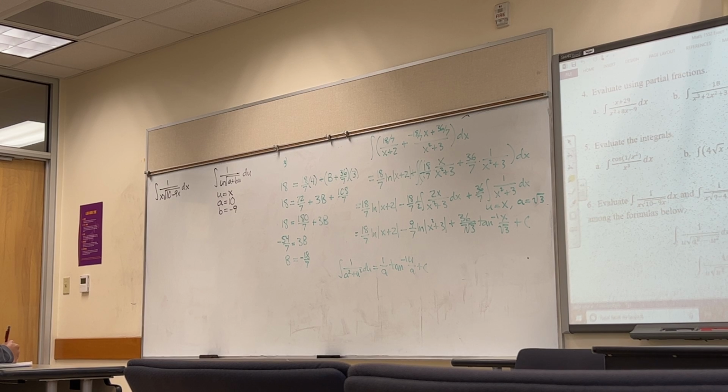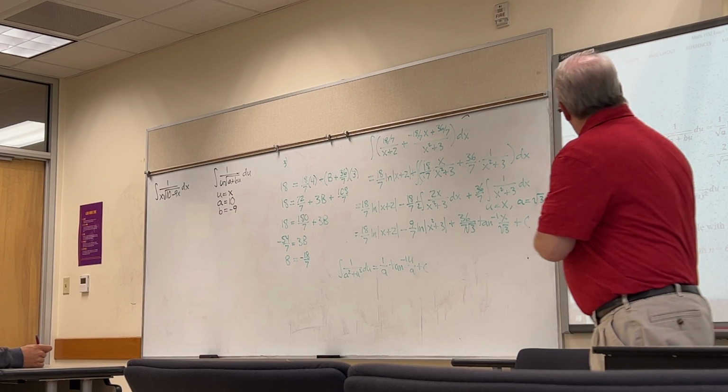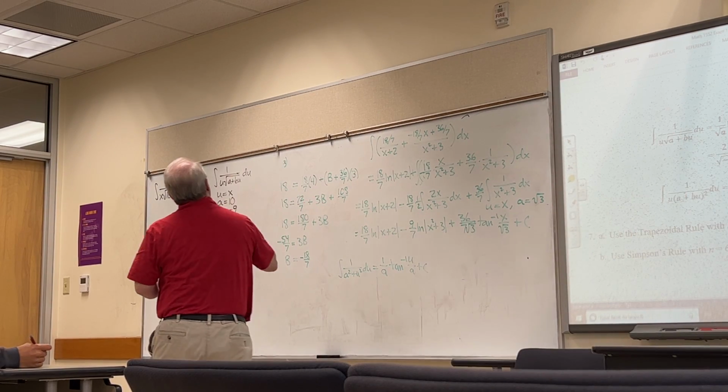So now if we look at that formula, notice this is one of those formulas where you have two different choices depending on whether a is positive or negative. So which one of those choices would we use for this one? Yeah, the one where a is positive, so the first one. So we have 1 over the square root of a.